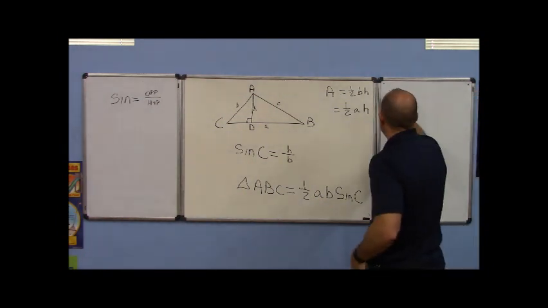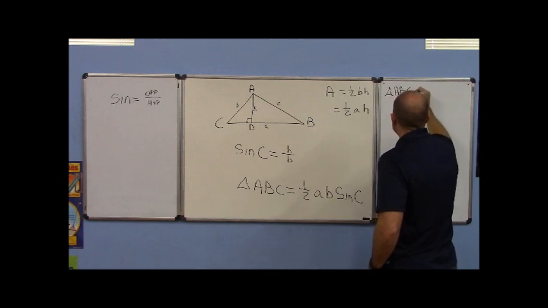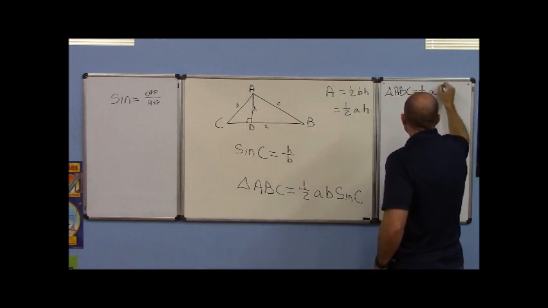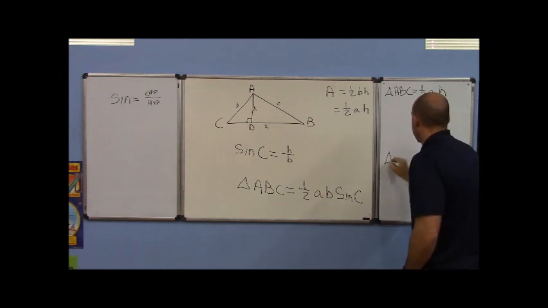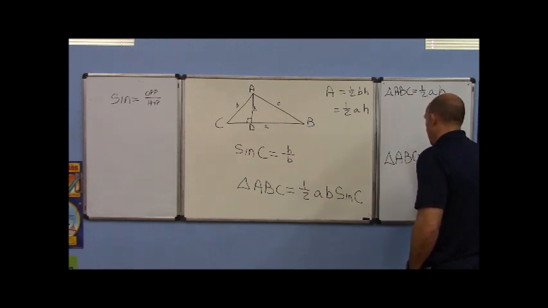If we also know that triangle ABC is 1/2 A times H, how do we get to ABC equaling 1/2 A times B times the sine of C?